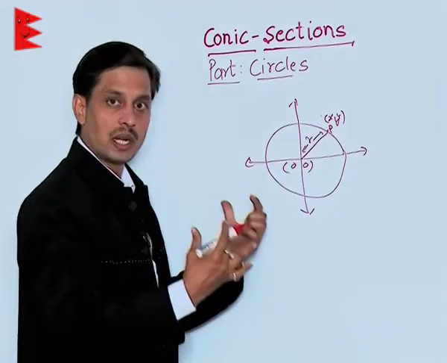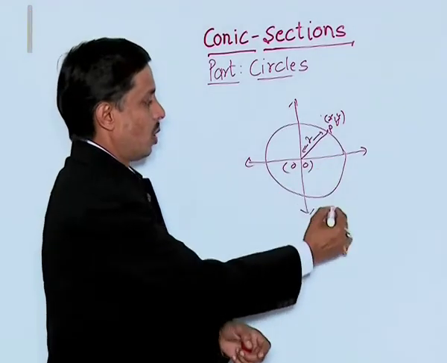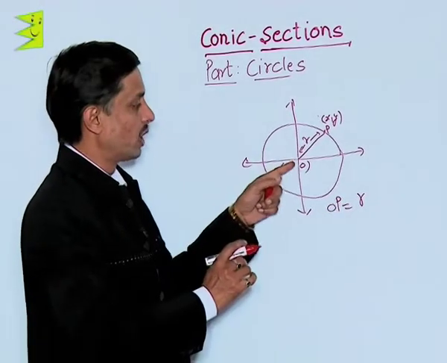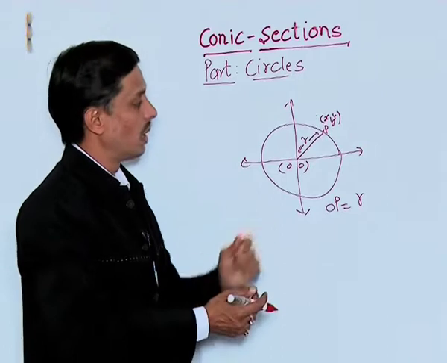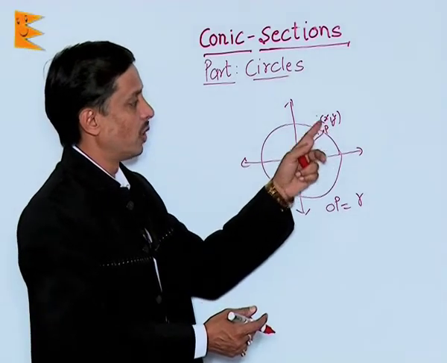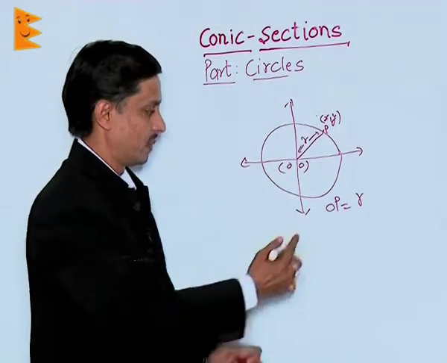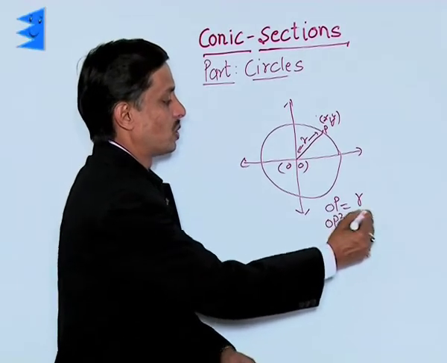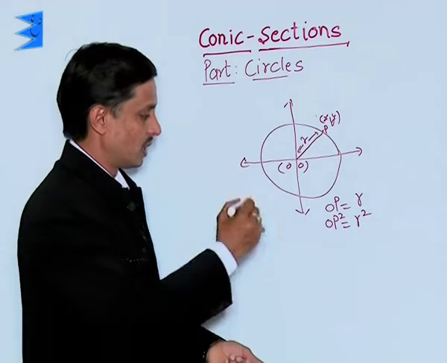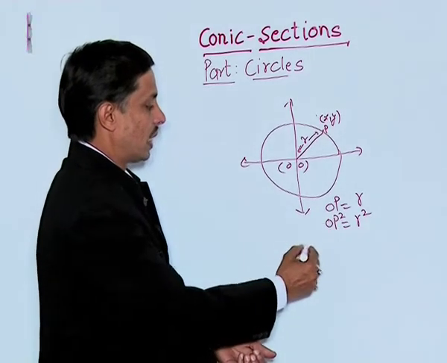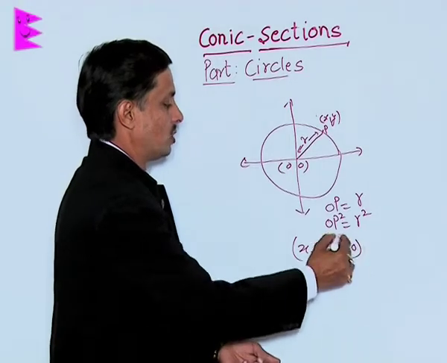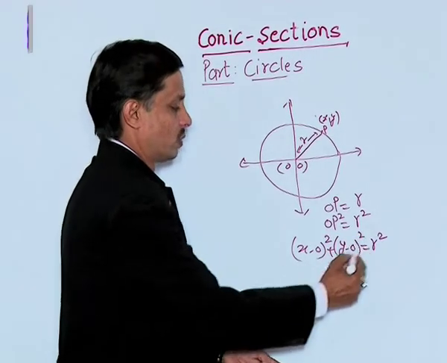If I use the distance formula, OP is equal to r. Coordinates of O are (0, 0) and coordinates of the arbitrary point P are (x, y). If OP is r, then OP squared is equal to r squared. OP squared means (x minus 0) squared plus (y minus 0) squared is equal to r squared.